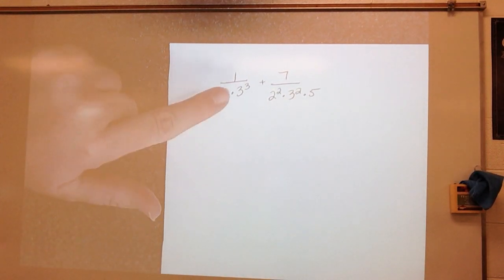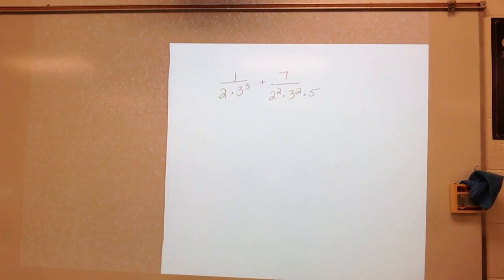I don't want to sit and figure out what all this is. I don't want to sit and figure out what 2 squared times 3 squared times 5 is. Okay? I can if I want to, but eventually I'm going to have to, but remember we had rules for LCD when we were looking at this type of problem.